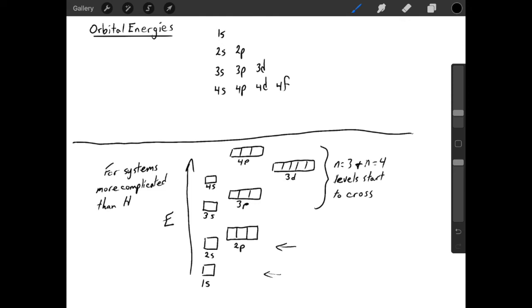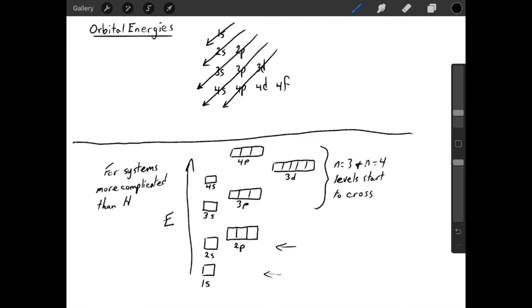But this small version will work for demonstration purposes. So you draw this diagram, and you start drawing diagonal arrows from top right to bottom left. And you can use this to work out the order.